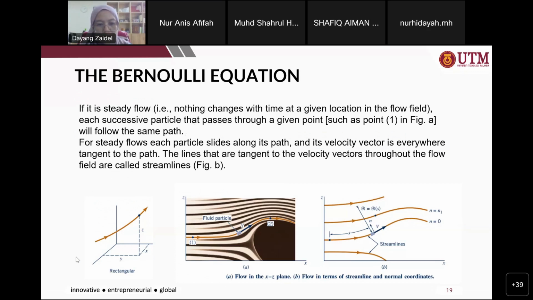Along this one line, the same particle will flow. It will not go from this line to this line up here. It will not jump from one line to another line. So it will flow along the line.